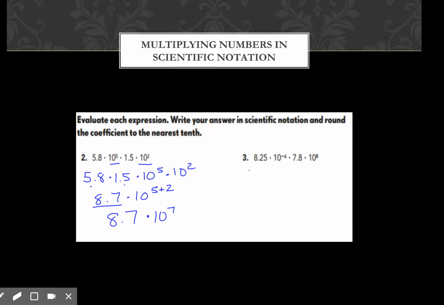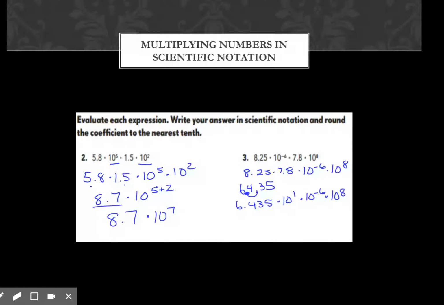Number 3, 8.25, I'm grouping with 7.8 times 10 to the negative 6 times 10 to the 8th power. So 8.25 times 7.8 equals 64.35. So this time I have to move my decimal over 1, so I'm going to include 6.435 times 10 to the first power times 10 to the negative 6 times 10 to the 8th.